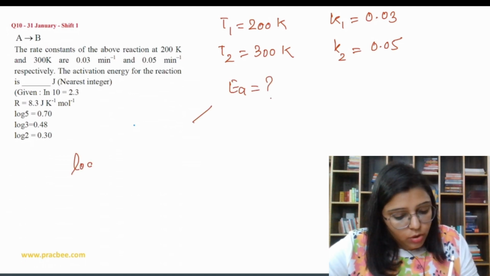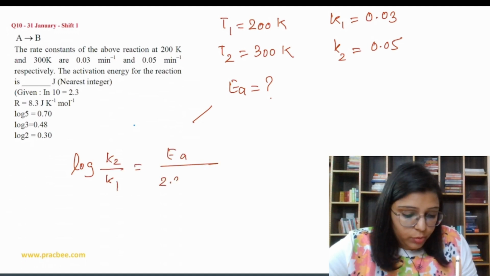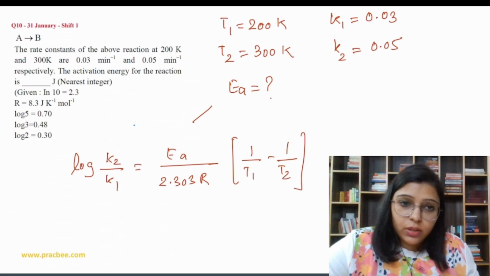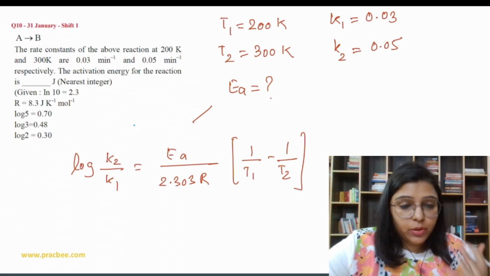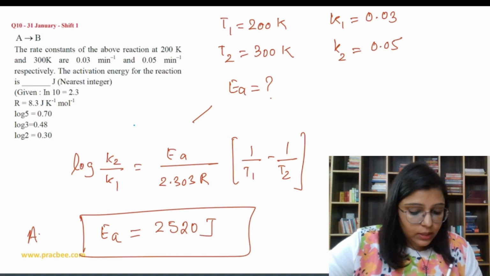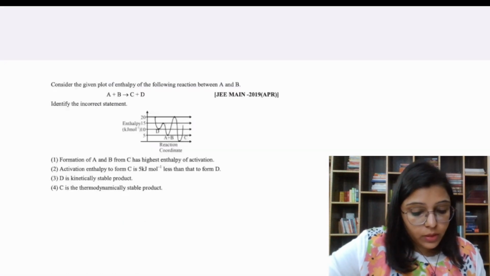We are going to use log K2 by K1 is equal to Ea upon 2.303 R times (1 by T1 minus 1 by T2). Now you have all the values. You can put the values in and find the activation energy. So once you solve this, you get the answer equal to 2520 Joule. That is the answer that you will get. Okay. Now let's do the next question.